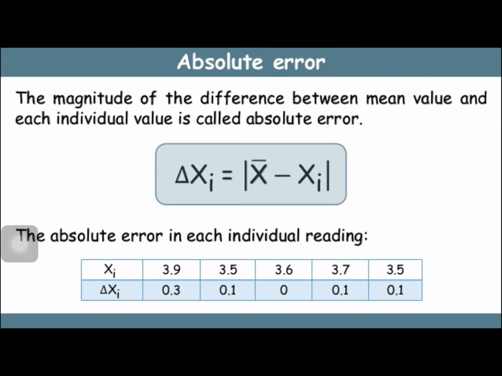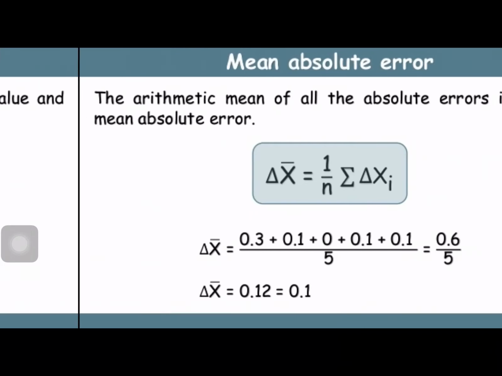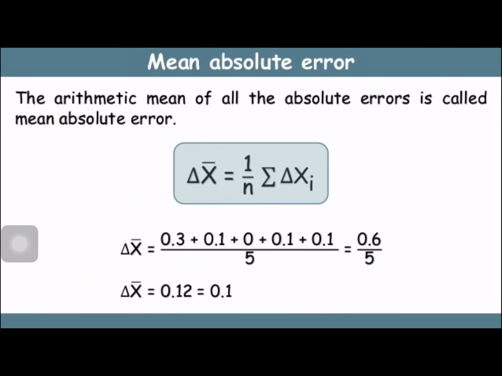In the same way you can take each and every reading, and finally you come to the mean absolute error. The arithmetic mean of all the absolute errors is called the mean absolute error. So del x bar equals 1 by n into summation of del xi. You know that the errors are already calculated, and then take the mean of the errors.